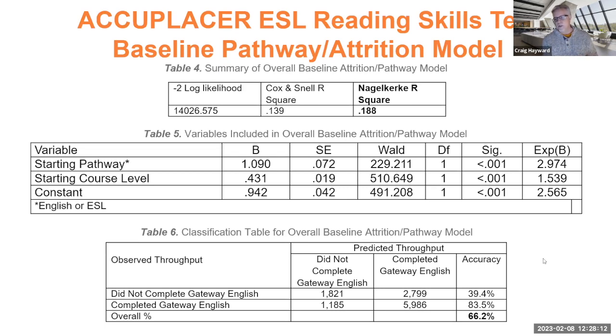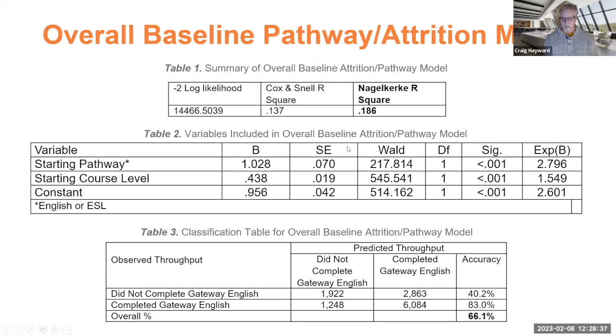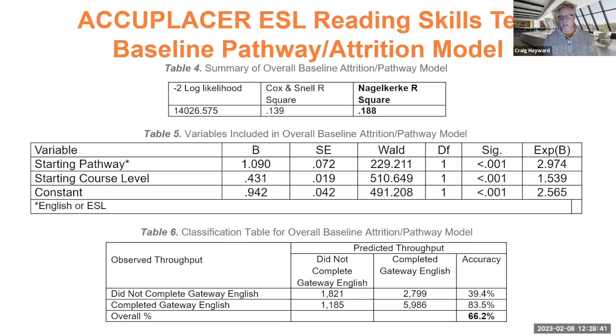And we have very similar numbers really to that last model, and the group of students is actually almost the same group. It's a subset of that last group, but it's a large group. So we come out with a very similar model. 18.8% of the variance is explained. The accuracy is 66.2, which if we back up, you can see is just slightly better, but almost the same as the overall baseline model.